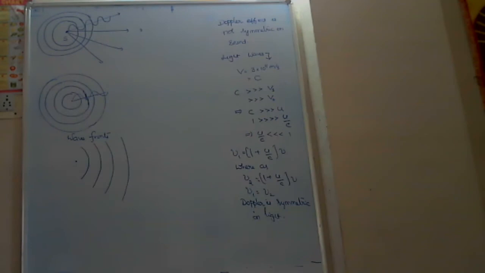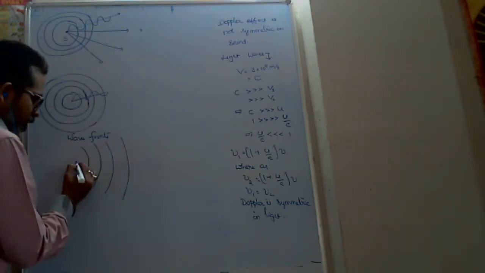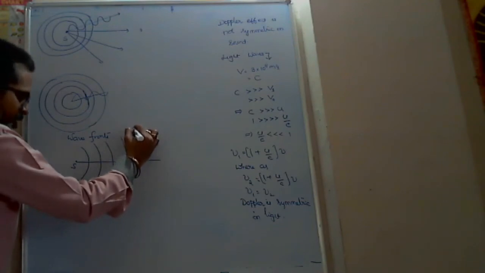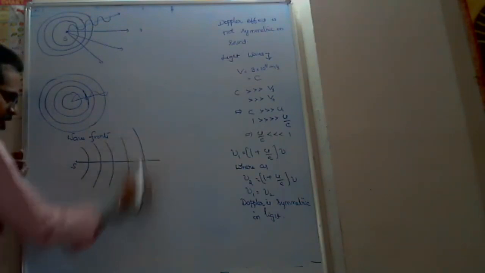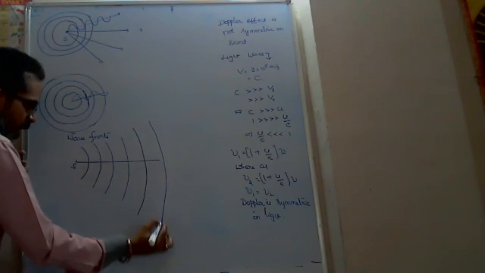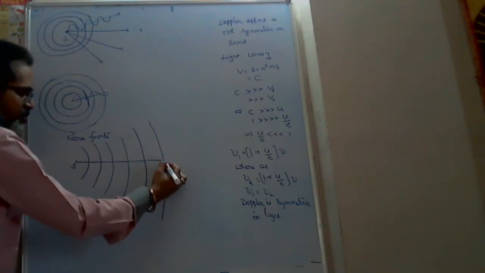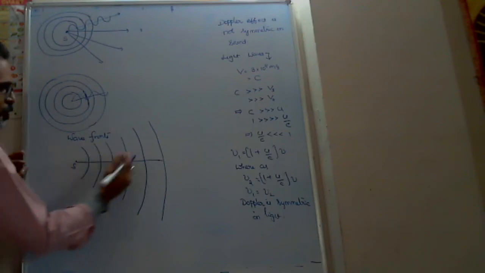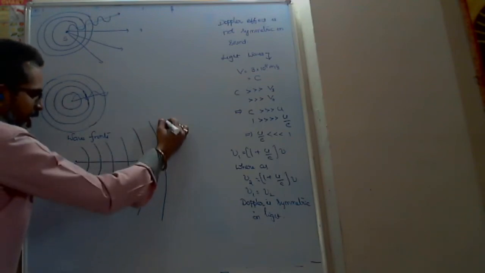You observe one thing here: while going away from the source, the surface is almost appearing flat. It appears more curved here, but when you go away, it appears like a flat line.